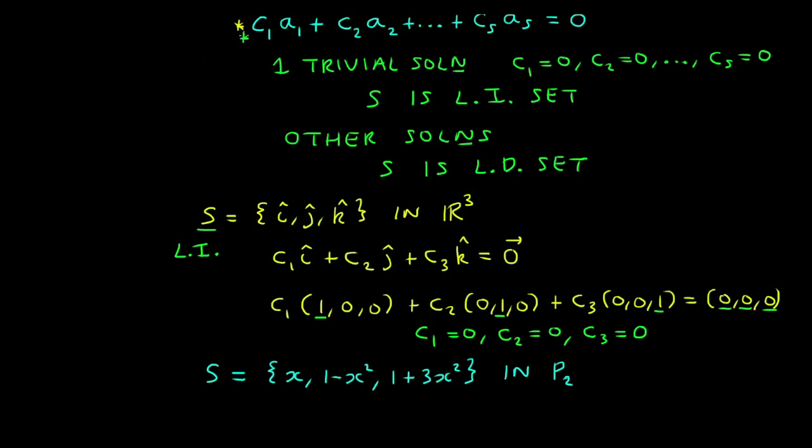If we write this equation for this case, we have C1 by x plus the coefficient C2 by 1 minus x squared plus the coefficient C3 by 1 plus 3x squared.